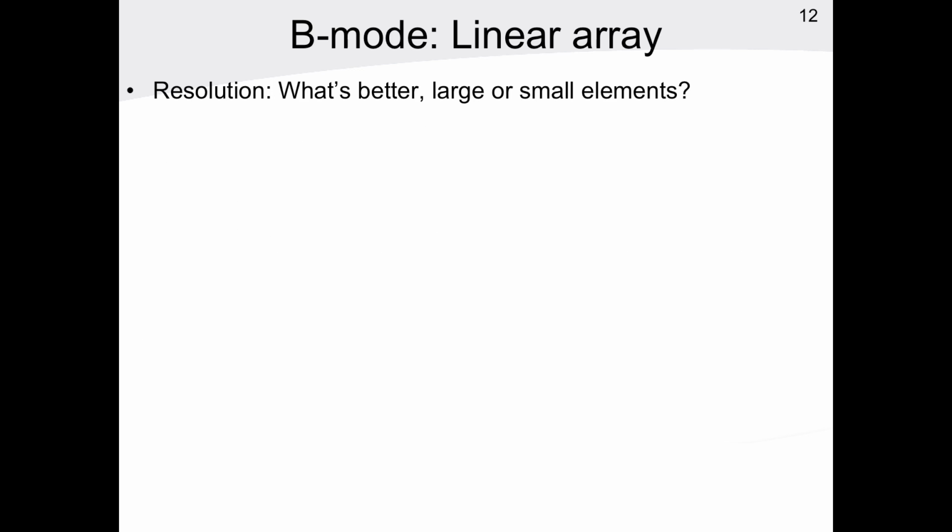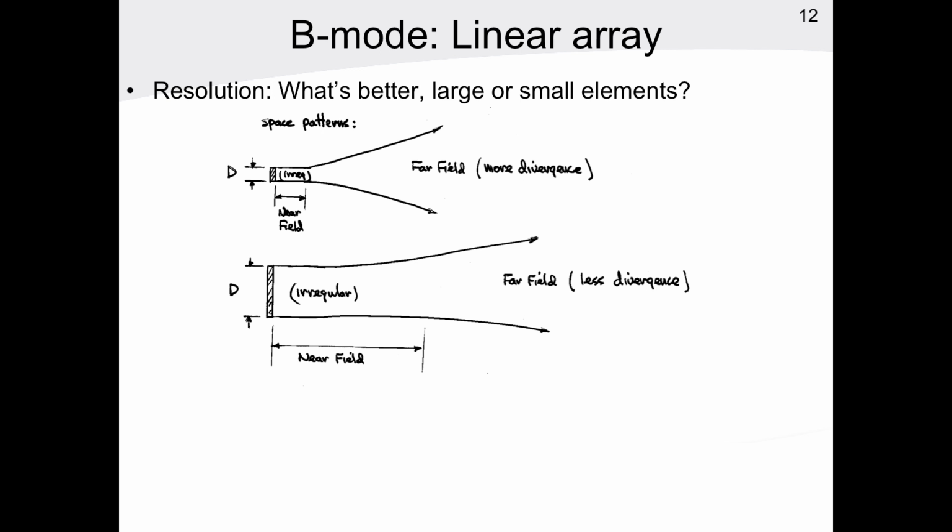So my question is, as far as resolution is concerned, is it desirable to have large elements or smaller elements? Let's talk about it. Well, first off, when we look at the beam pattern that comes out of a single element, you might think, well, we want a small element so that our spacing can be tighter and that the beam will be smaller, we'd have better resolution.